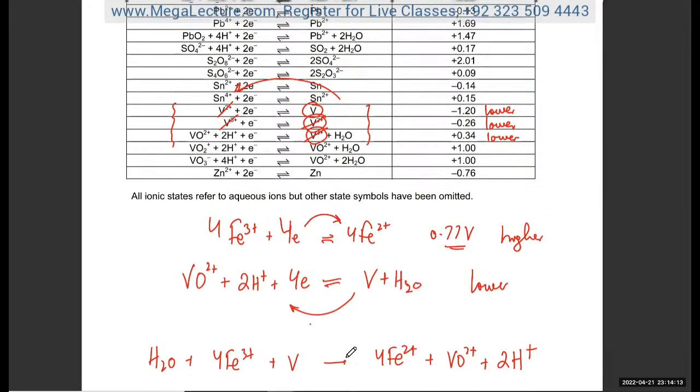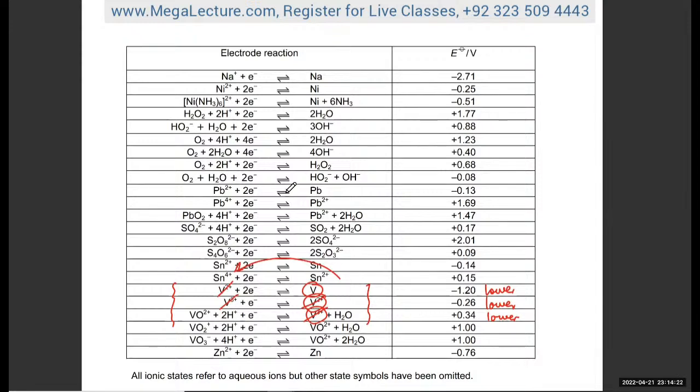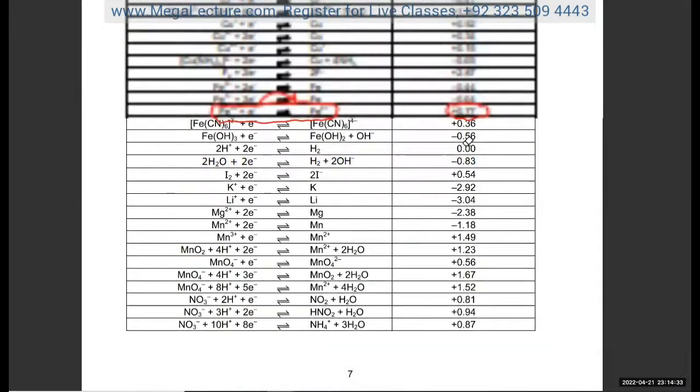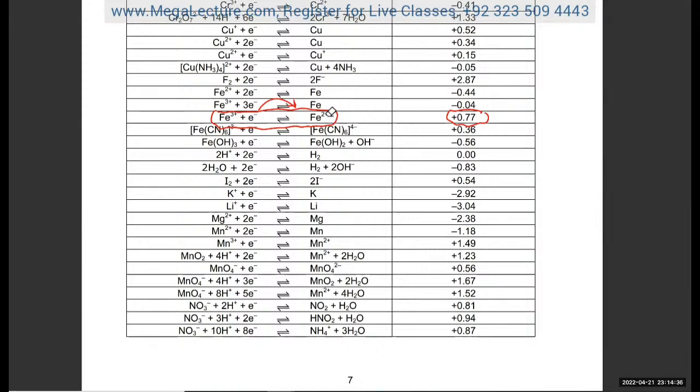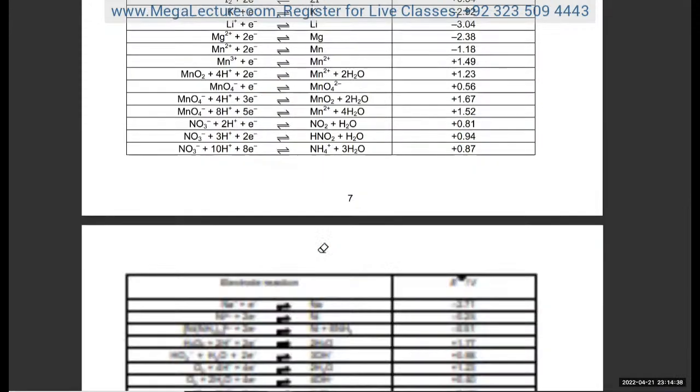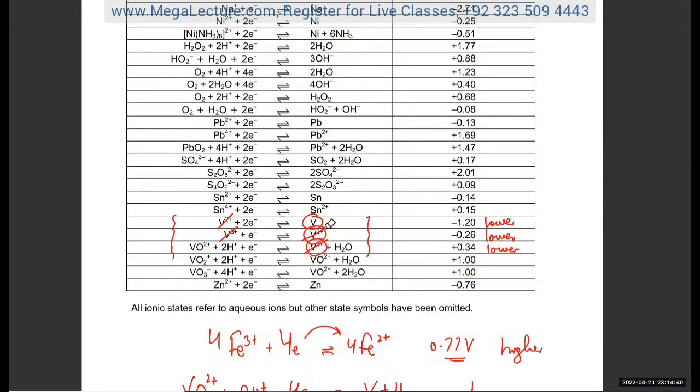And remember, this happens for vanadium. This will also happen with tin sometimes. For example, I will do another one. If you have tin, it is over here. Sir, the resultant equation, it's not reversible? No, it's not going to be reversible because Fe was the higher potential, so it would be gaining electrons. These were lower potentials compared to Fe.